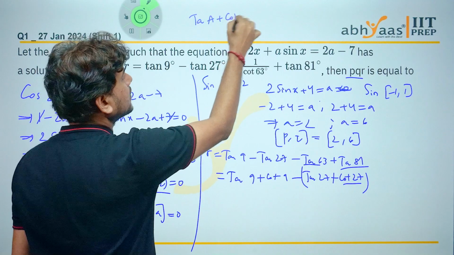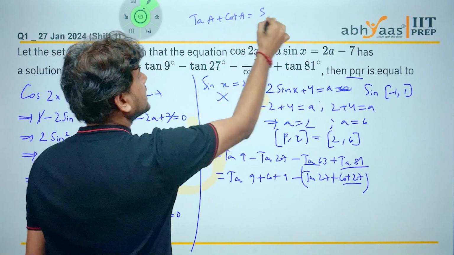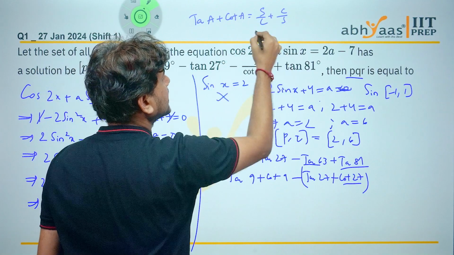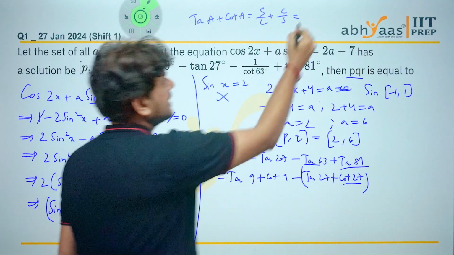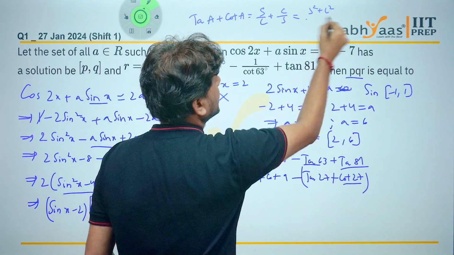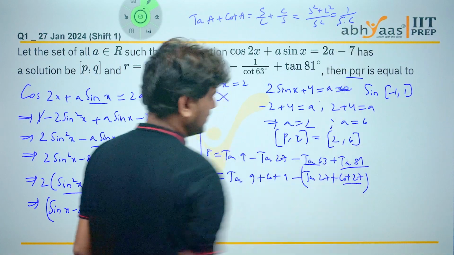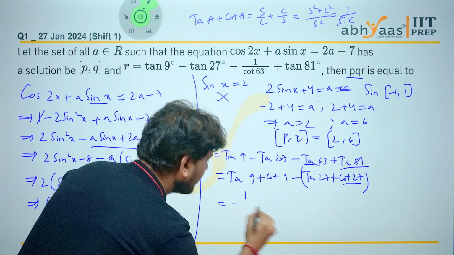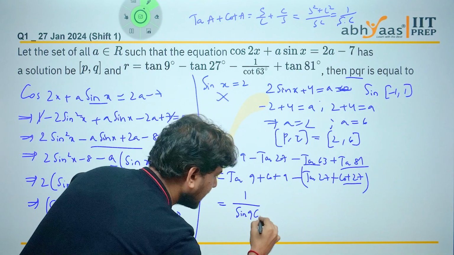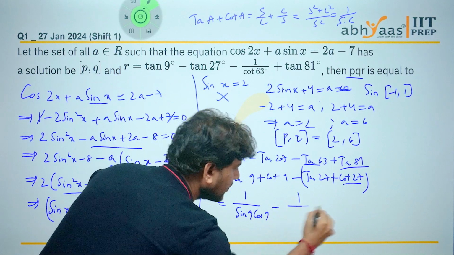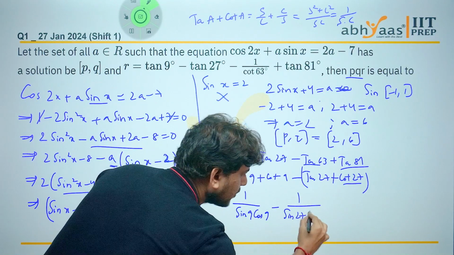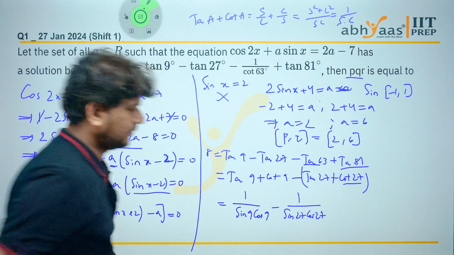Tan a plus cot a equals sin by cos plus cos by sin. That implies sin square plus cos square by sin cos, that is 1 by sin cos. So we will get 1 by sin 9 cos 9 minus 1 by sin 27 cos 27.